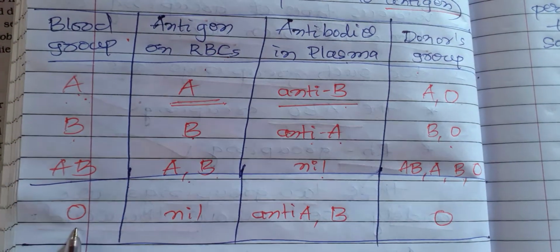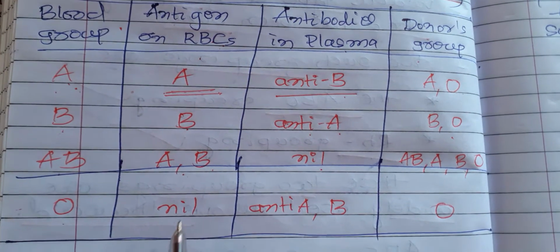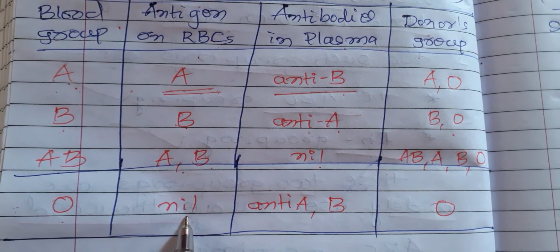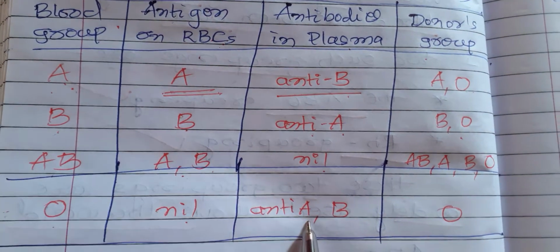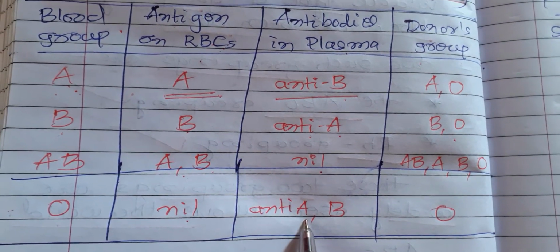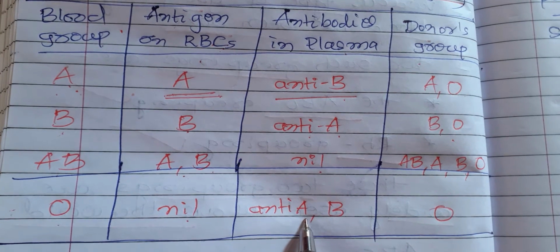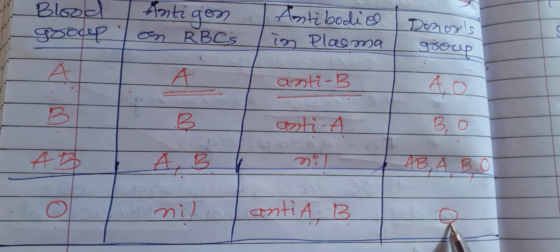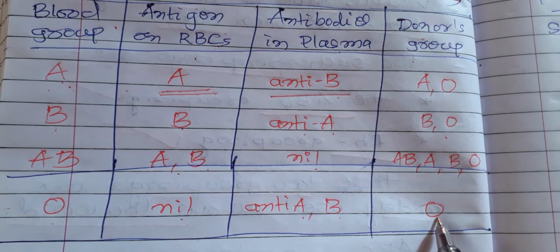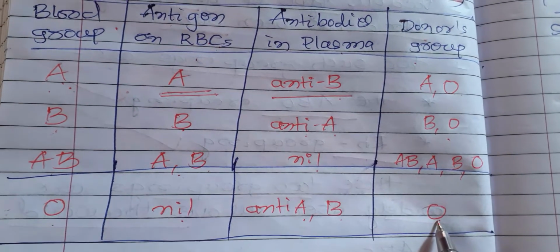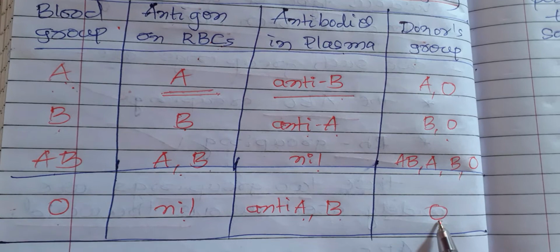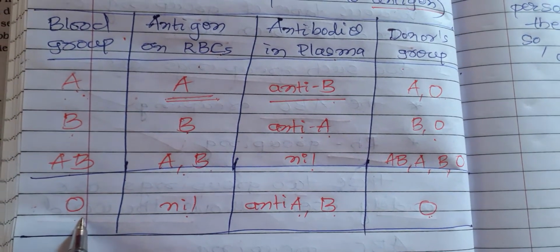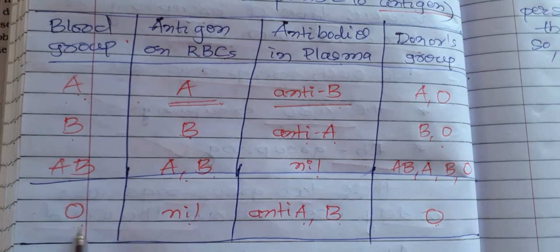The next one is blood group O, and antigen on RBC is nil, and antibodies present in the plasma are antibody A and antibody B, and the donors group is O. That means an O blood group person can donate blood to the individual having O blood group.